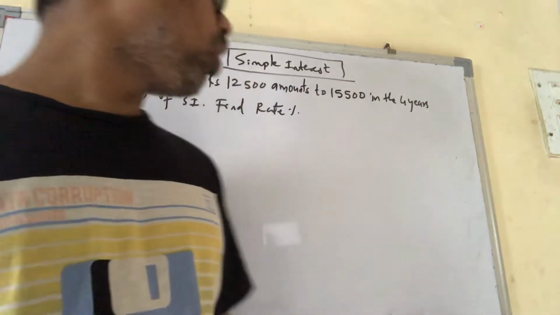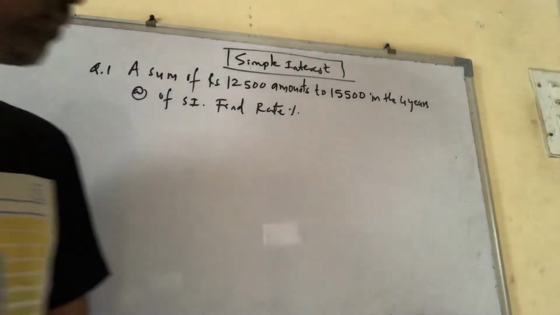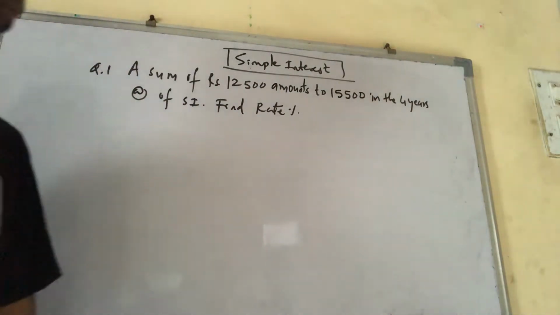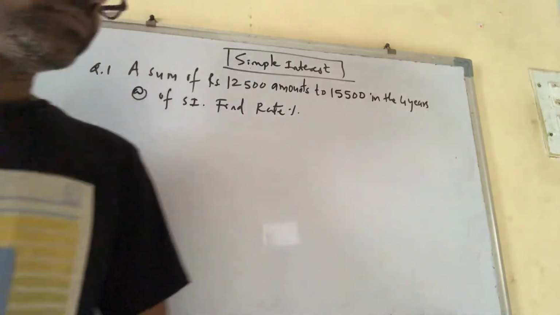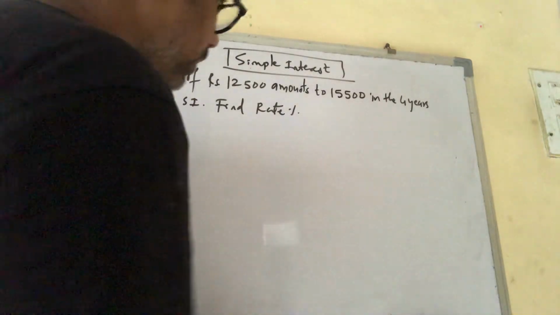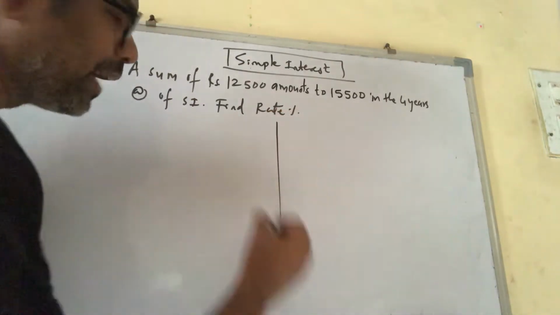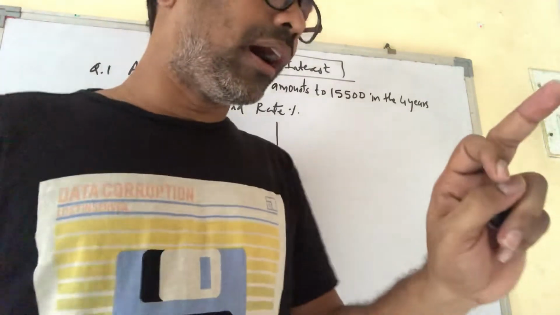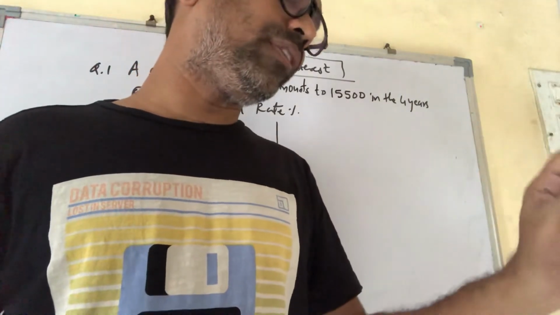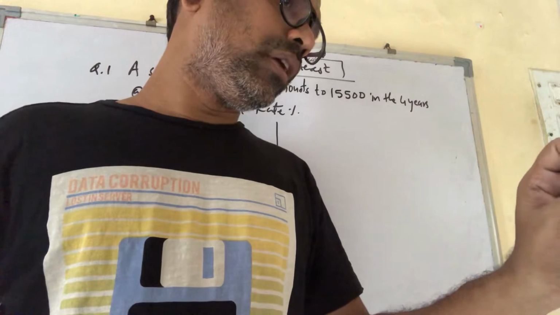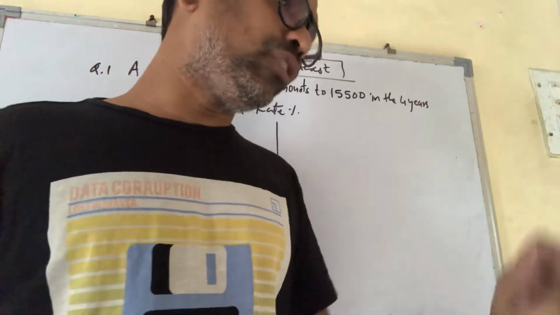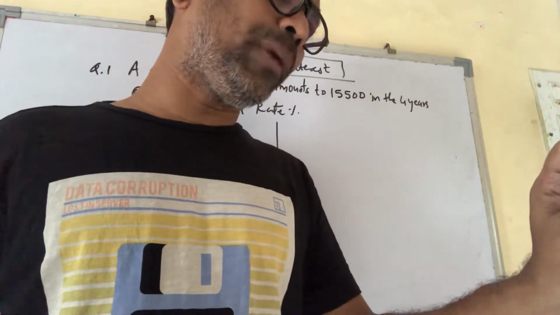No, it is wrong. See, if you try to find according to our yesterday's formula of simple interest, Vivek is saying 7%. I think so. 7% is also not right, but very close to that.